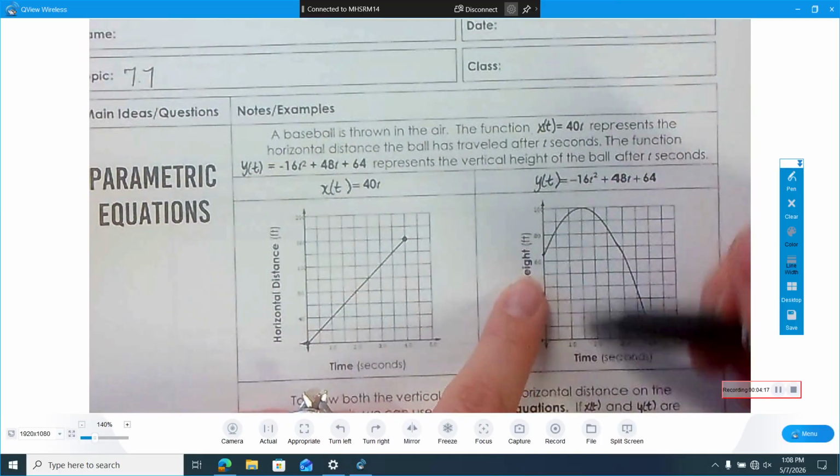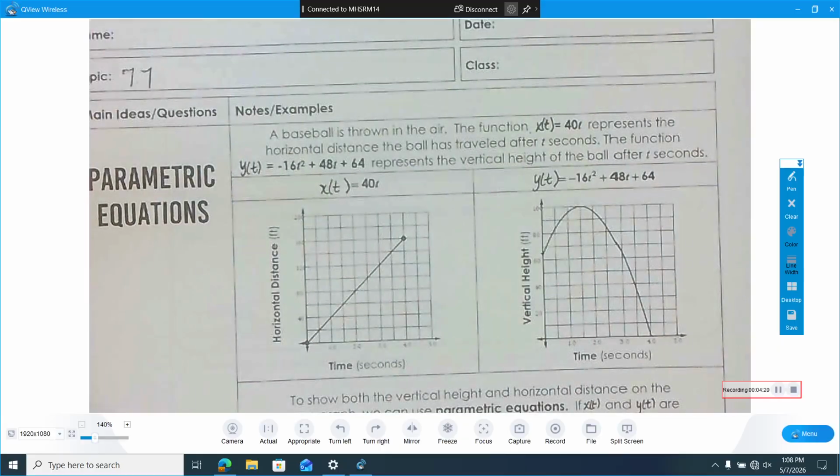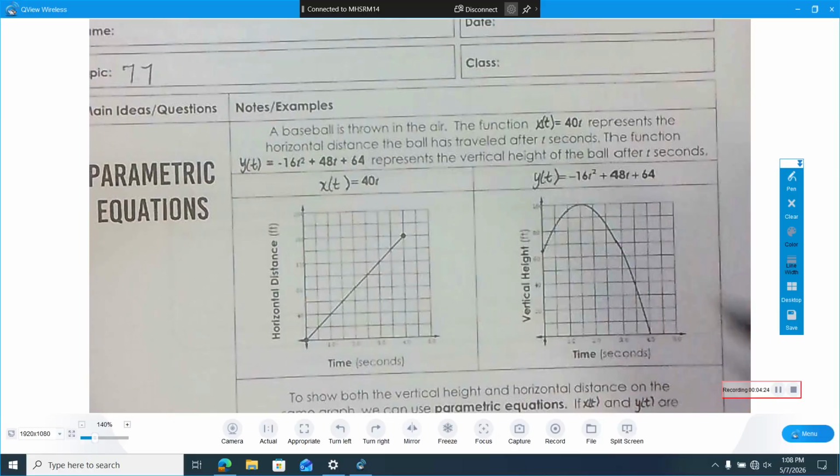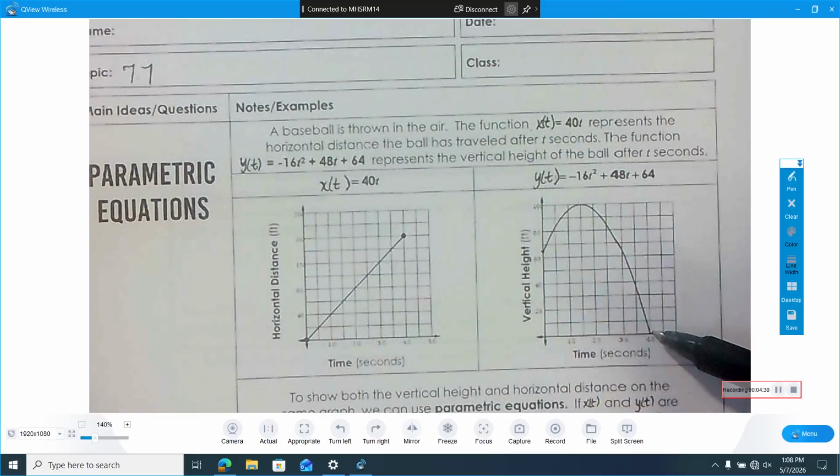And at 1.5 seconds, it's 100 feet high. So they really whipped that thing really high, got 100 feet tall, and then 4 seconds later, it landed 70 feet below, back at the ground. So they really flung that thing out there. And so that just measures how high the ball went vertically.